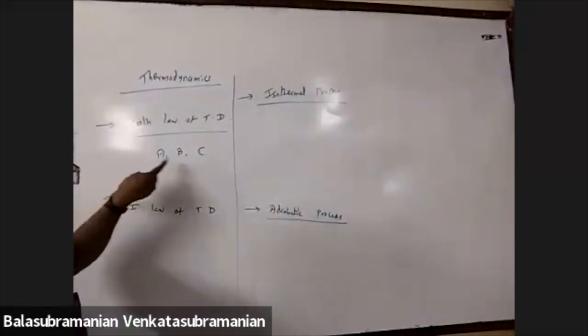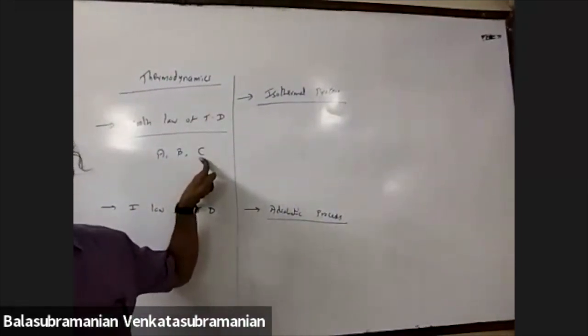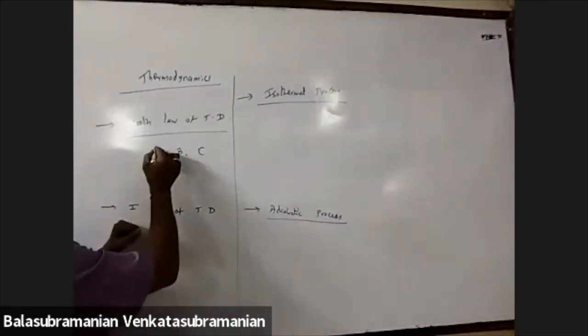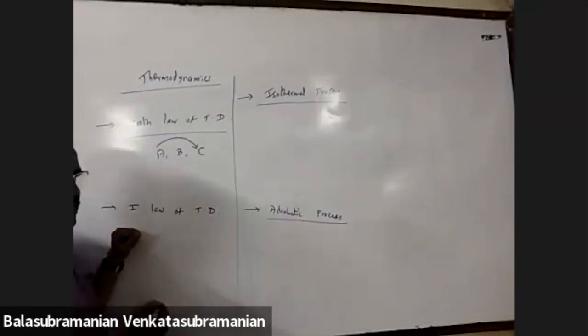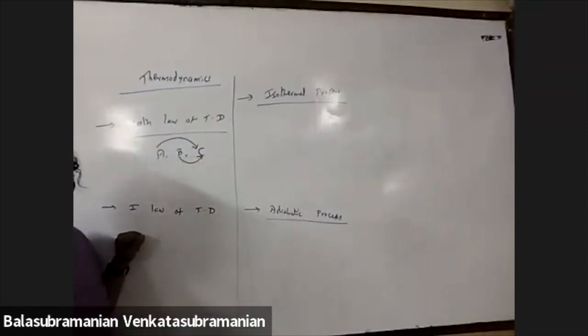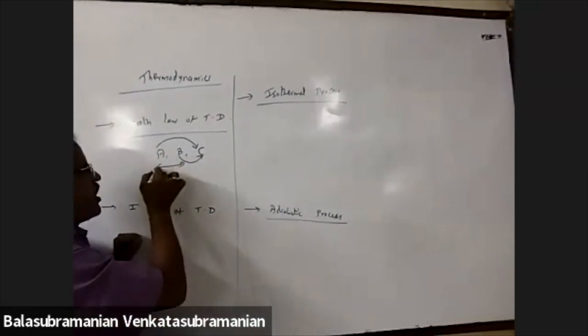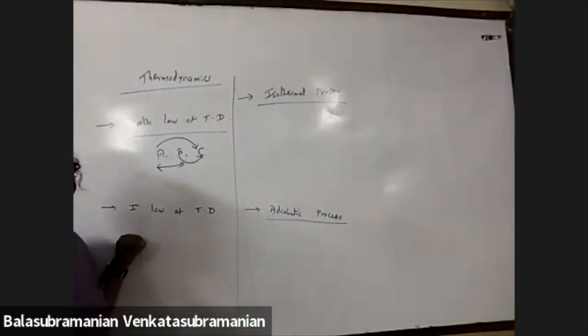When A and B are in thermal equilibrium with the system C, A is in thermal equilibrium with C, B is in thermal equilibrium with C. Then by zeroth law, A and B are in thermal equilibrium with one another.